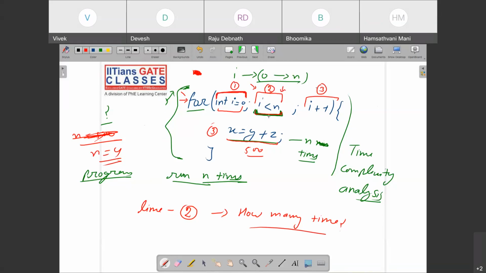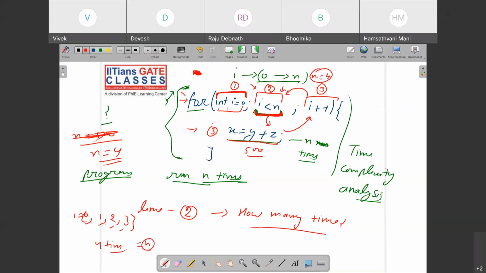After this step, this line will execute. If this condition is satisfied, it will enter the for loop. Then it will go to i++. Then it will go back and check the condition. So this condition is satisfied for i equal to 0, i equal to 1, i equal to 2, i equal to 3. n is 4, right? So how many times is it executing? 4 times, which is equal to n.